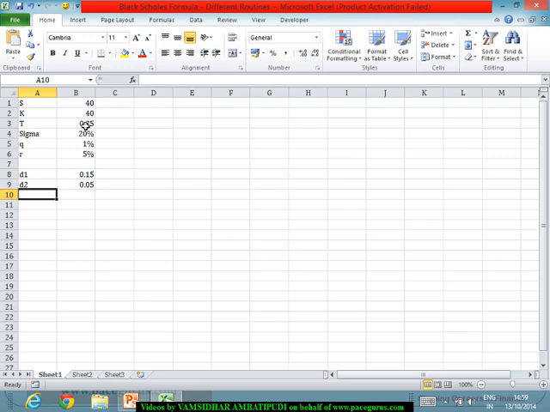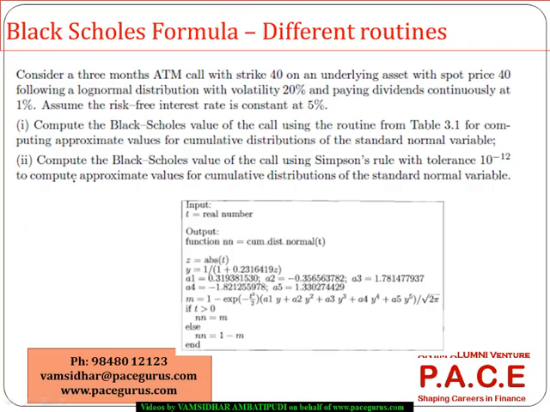Now I need to compute the cumulative normal distribution of D1, which is N of D1 and N of D2, because if we remember, the formula for a European call option as per the Black-Scholes formula is S naught e power minus qt N d1 minus K e power minus rt N d2.